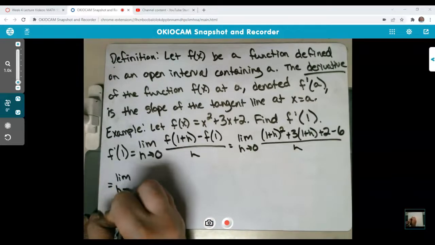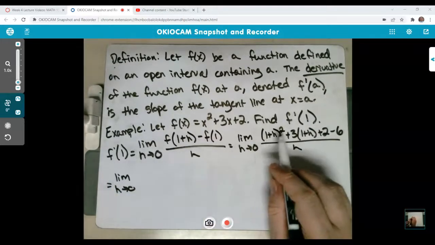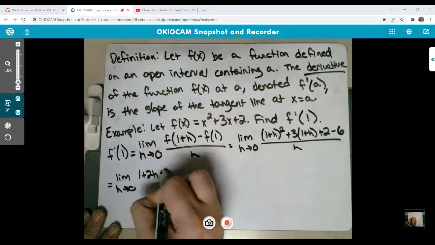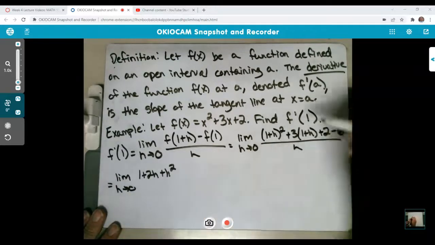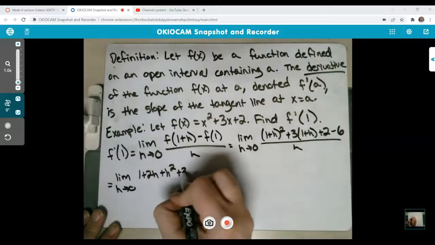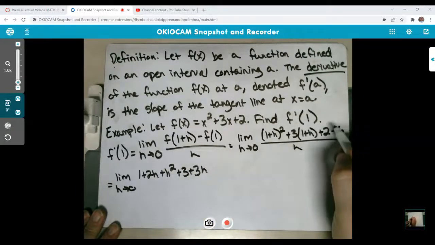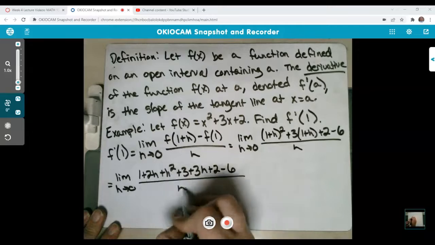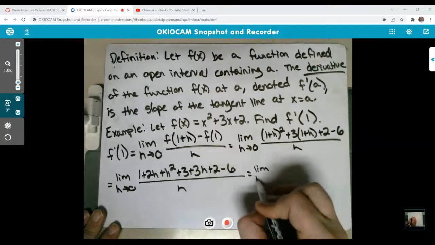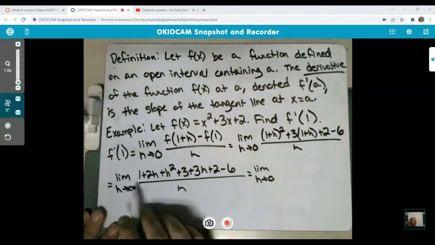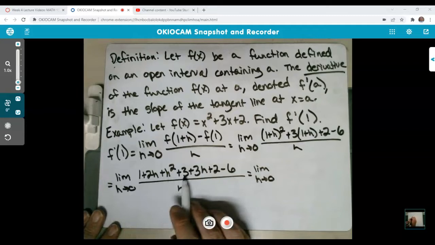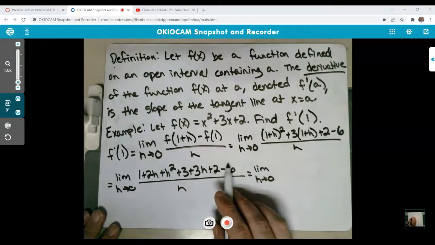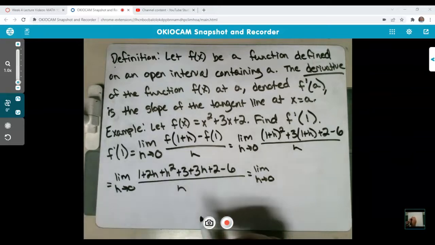Let's keep working this out. 1 plus h squared. If I were to square that, we would get 1 plus 2h plus h squared. Distribute 3 over here, so plus 3h, and then plus 2 minus 6 all over h. Let's see what happens there. 1 plus 3 is equal to 4, plus 2 is equal to 6, minus 6 is equal to 0.